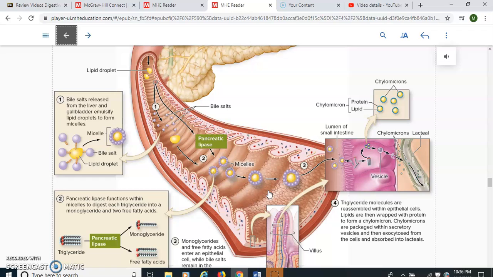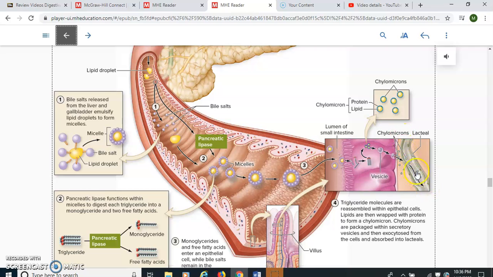So they have these little water soluble, hydrophilic molecules that surround them and form these little structures with the lipid in the center, and then they're able to be absorbed across those small intestinal cells and get into the lamina propria.